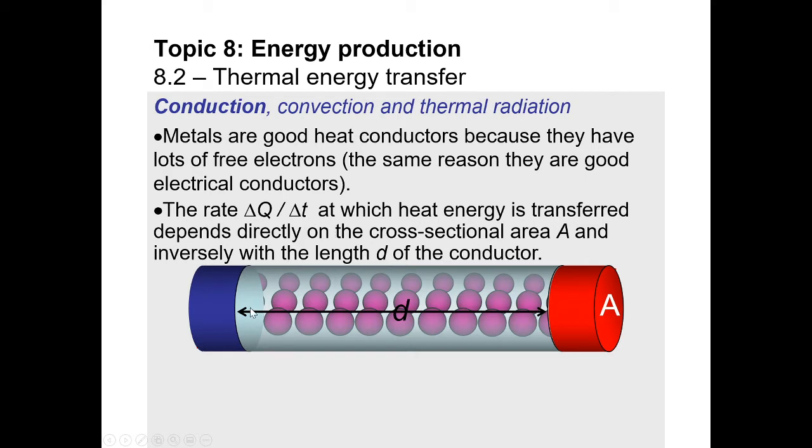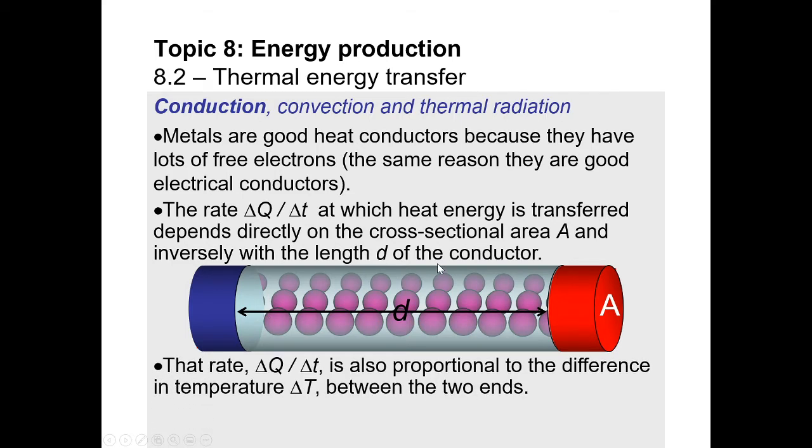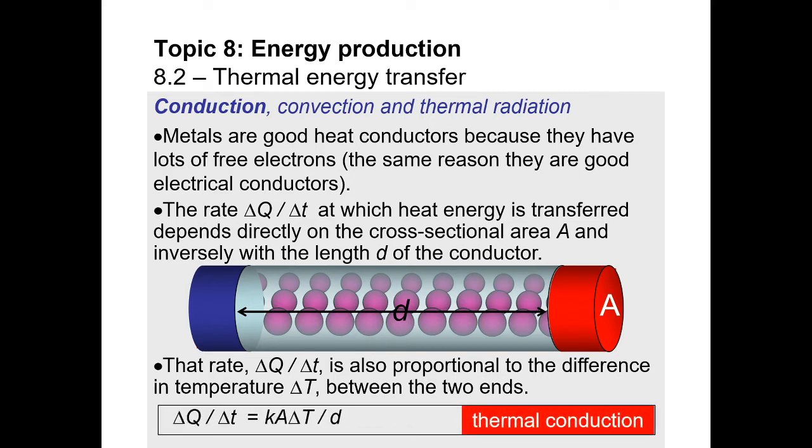And what we also saw was that if you make a wire longer, that increases the electrical resistance. And so this rate of energy flow should therefore be inversely proportional to this distance that the vibration propagation has to travel. Okay, so there's a lot of factors here. Now, there's another factor as well, and that's the temperature difference. The bigger the temperature difference, the faster that energy is going to travel. So we can come up with this statement.